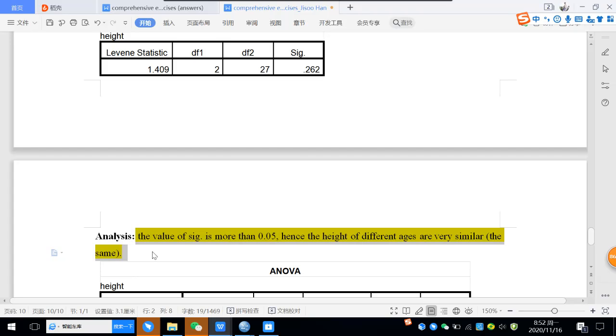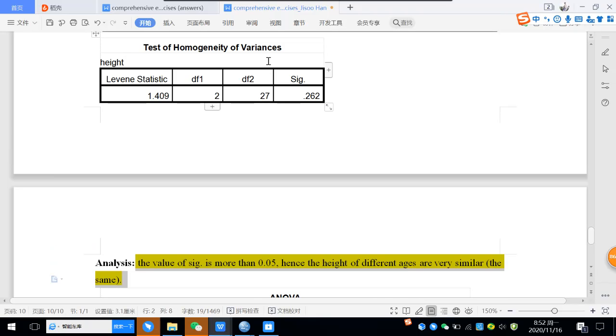Okay. So since the value of significance is more than 0.05, hence the variance of different groups has no significant difference. Or you can say that hence the equal variance is assumed, or the homogeneity of variance is assumed.